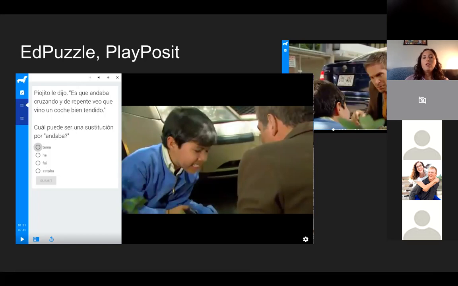And so you can put in the stops wherever you want, and then it automatically pauses for the student until they answer the question, and they can rewatch the section too. So if they need extra attention on a section, you can deliberately, strategically put those pauses in there.